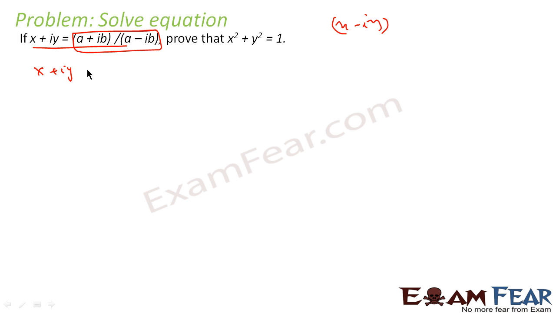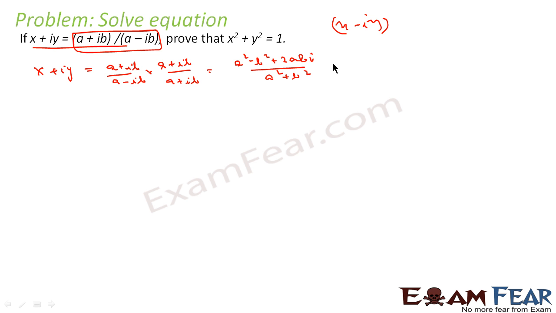x plus iy is equal to a plus ib into a minus ib. Let's rationalize this: a plus ib by a plus ib. So what you get is a plus ib whole square, that is a square minus b square plus 2abi, and here you get a square plus b square.